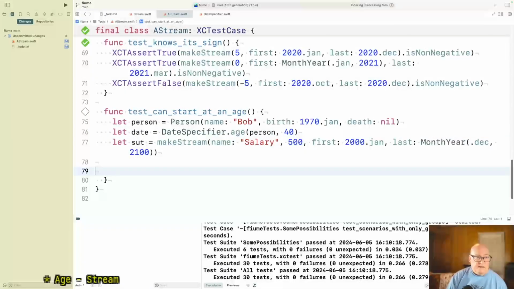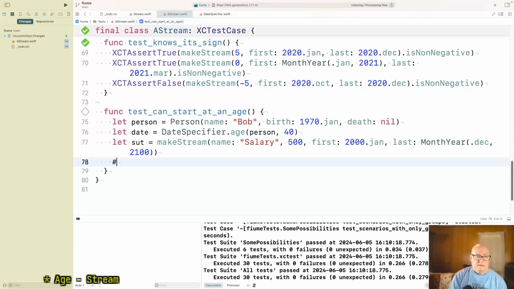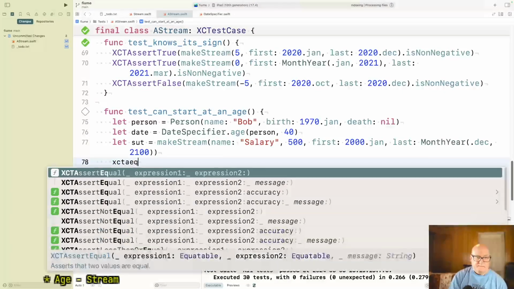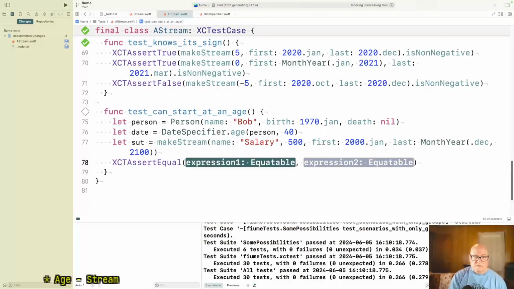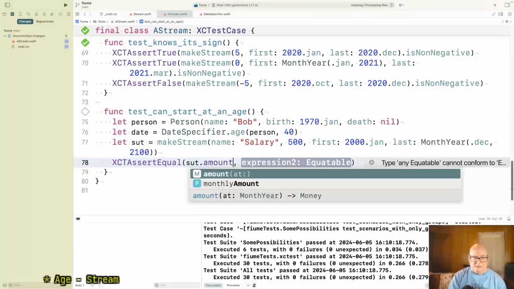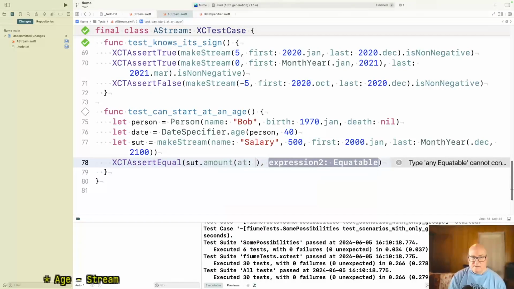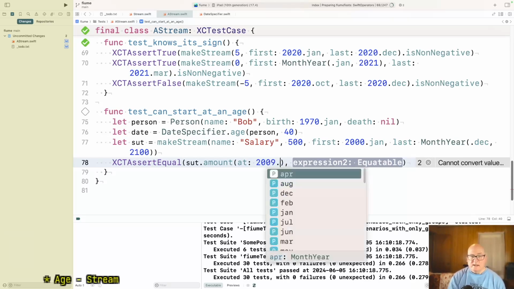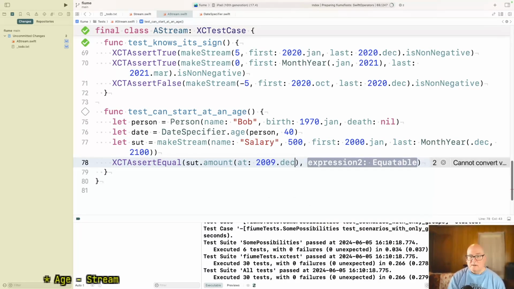All right, and if I ask sut dot amount at 2009 dot December, he should get 0.